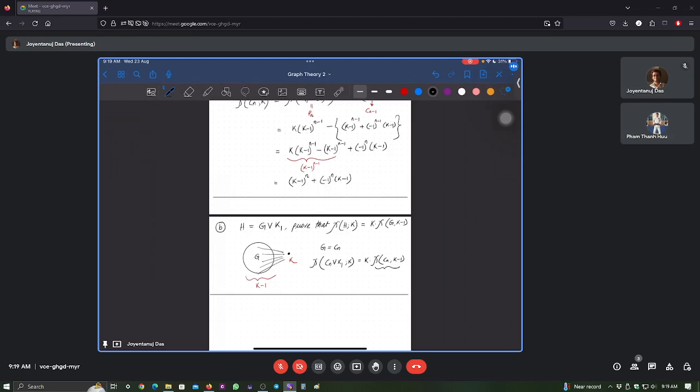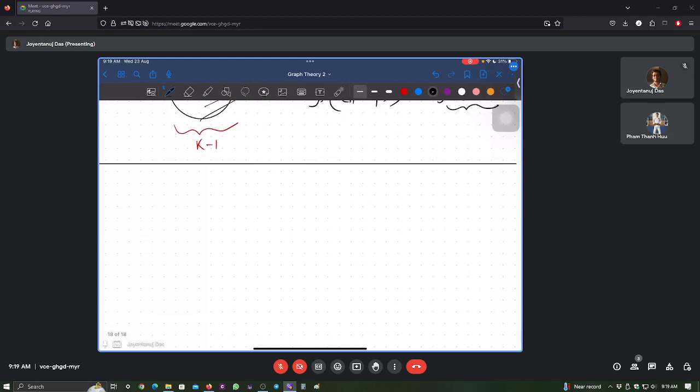So the next one is, suppose n is greater than or equal to 1 and Gn equals a path Pn Cartesian product with K2.